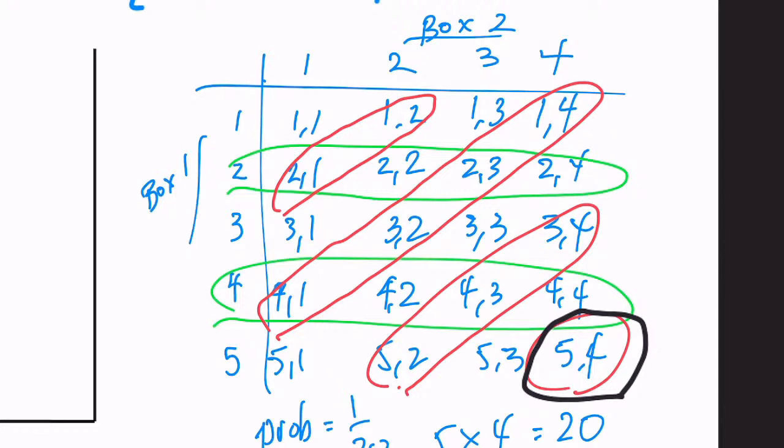Out of the green circled ones, how many of them are A? So out of the ones that are A, how many of them are also B?